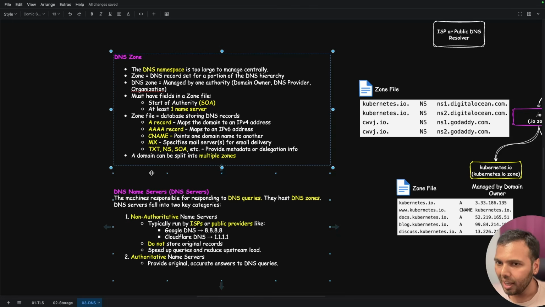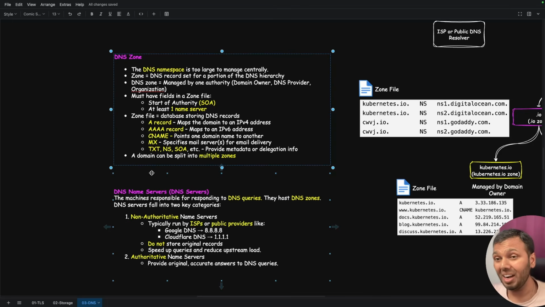A domain can be split into multiple zones. What is this, Varun? This does not make sense. You said that cloud with varjosh.io will have a DNS zone, but now you are saying a domain can be split into multiple zones. How is that possible? I want you to again imagine with me. Google.com has multiple subdomains.